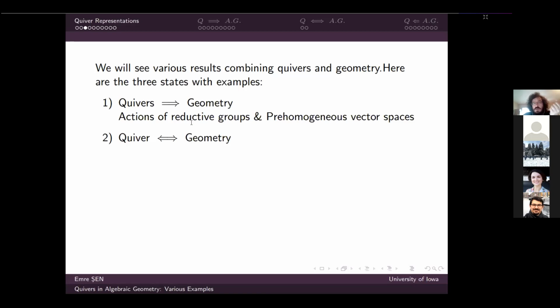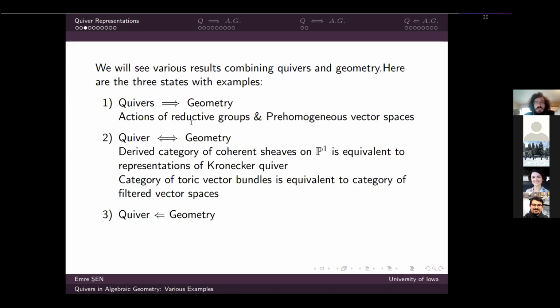And then the second position we can talk about is quivers and geometry. So we can talk about categorical equivalences. And the first example is that the derived category of coherent sheaves on P1 is derived equivalent to the representations of the Kronecker quiver. And I will talk about that at the end.